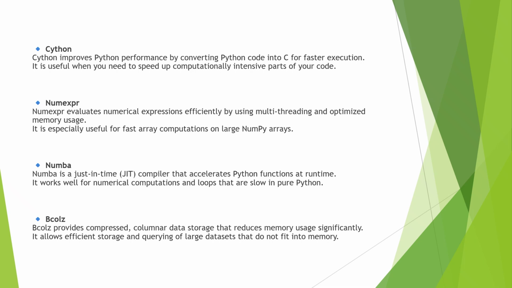NumExpr is designed to efficiently evaluate numerical expressions by utilizing multi-threading and optimized memory handling, which makes it highly suitable for performing fast operations on large NumPy arrays. Numba, on the other hand, is a just-in-time compiler that accelerates Python functions during runtime, especially improving the performance of numerical computations and loops that typically run slowly in standard Python.